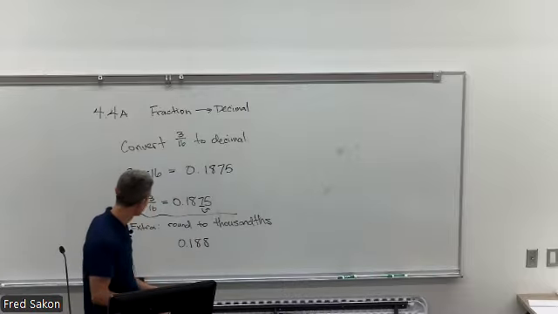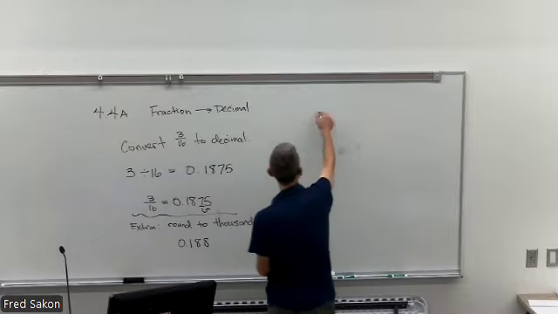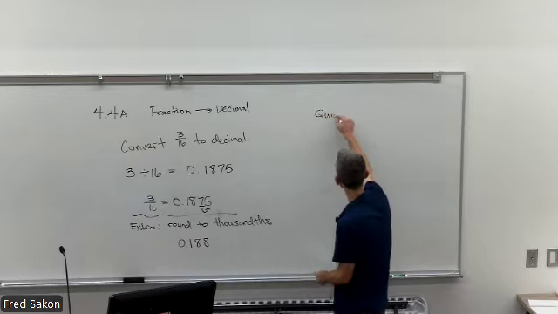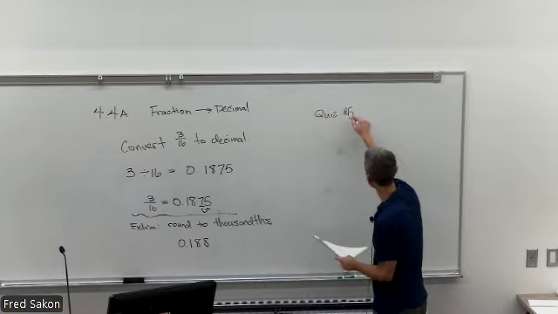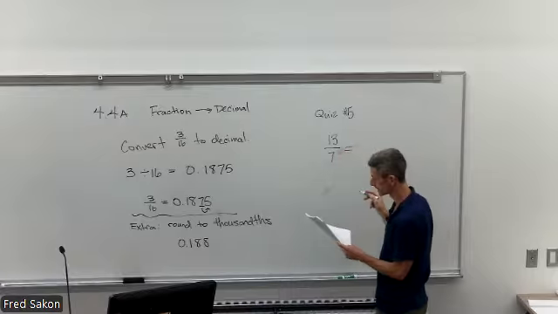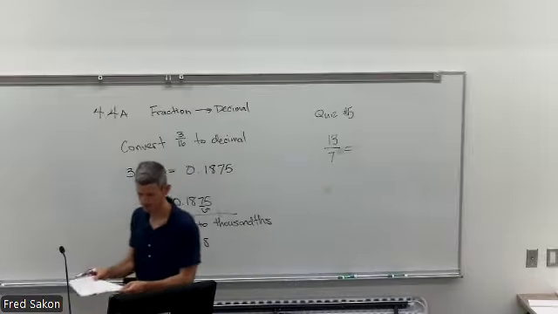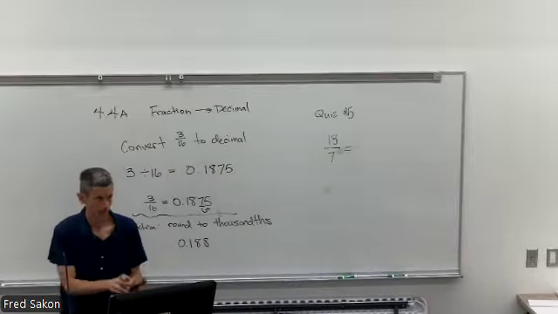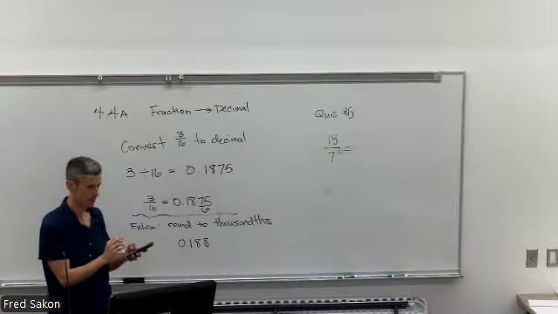So let's do number 5 from the quiz items. It says to convert 13/7 to decimal form. What is that?